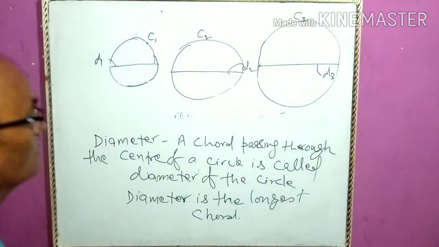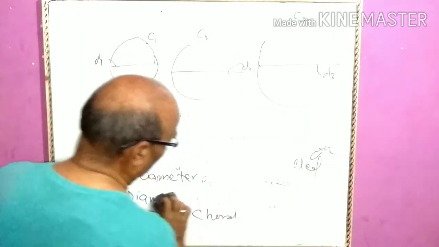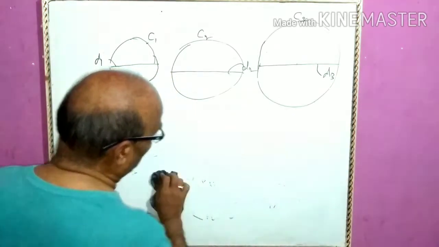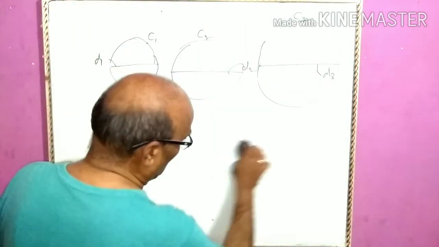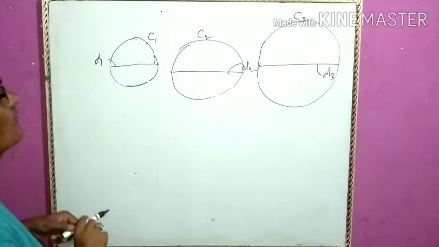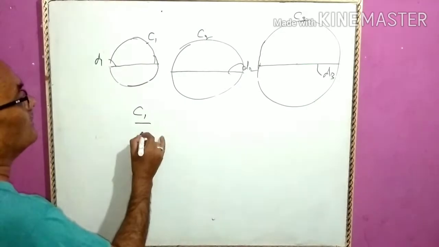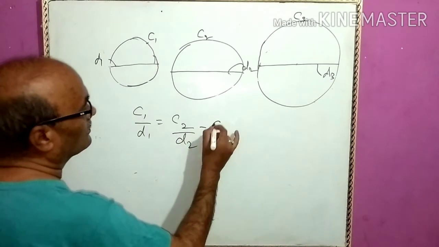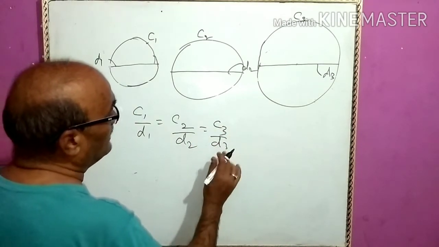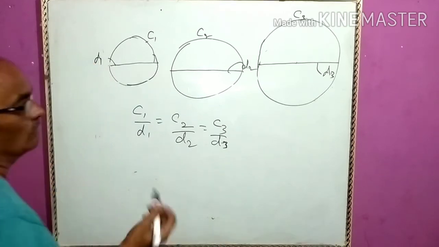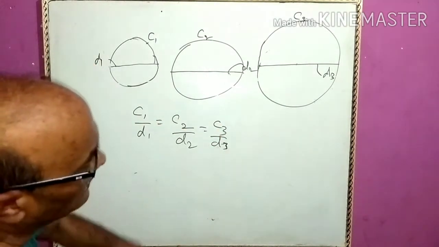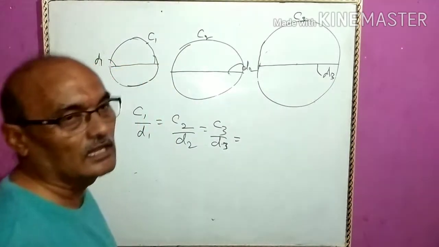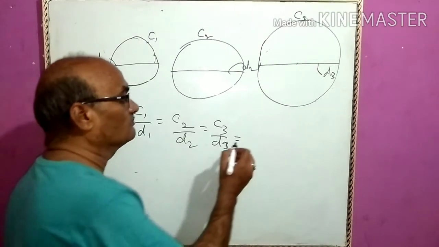It is found that circumference bears a constant ratio with diameter. I mean to say that C1 by D1 is equal to C2 by D2 is equal to C3 by D3. Likewise for many circles, and this is constant, and it was denoted by the Greek letter pi.